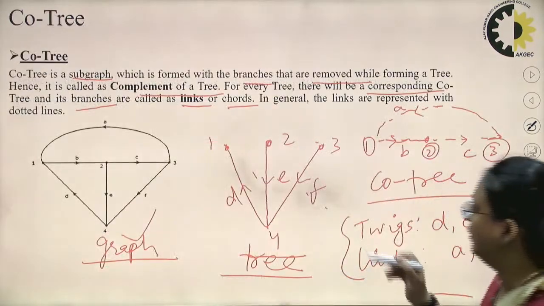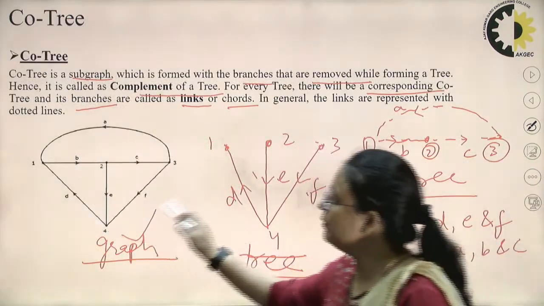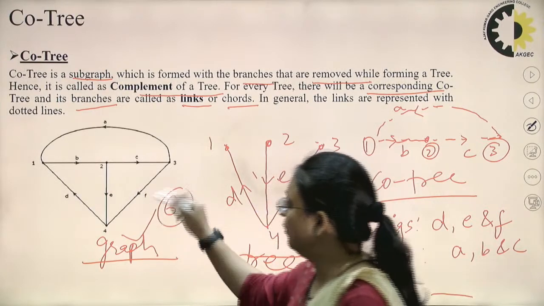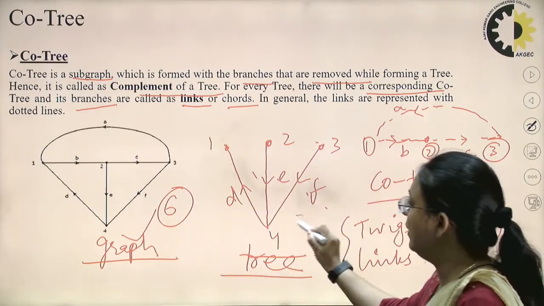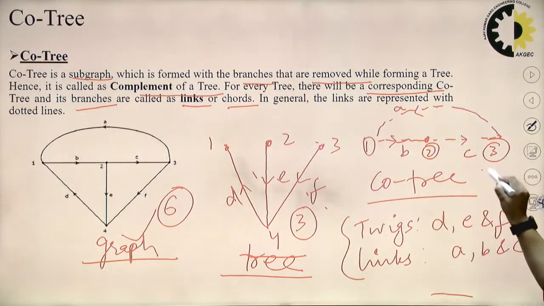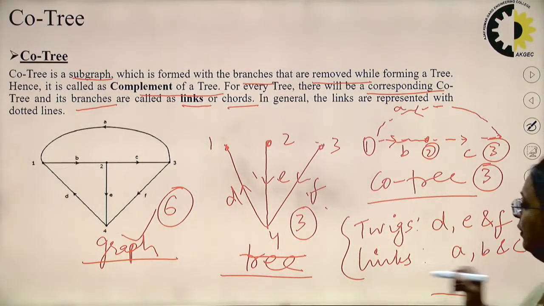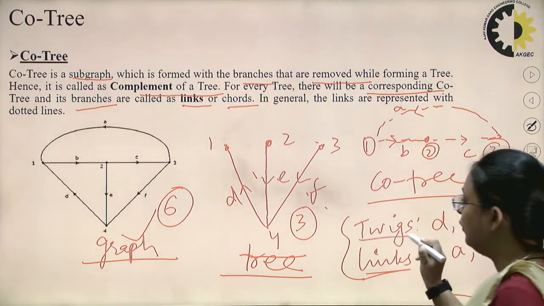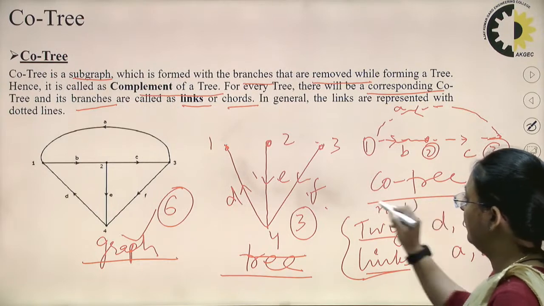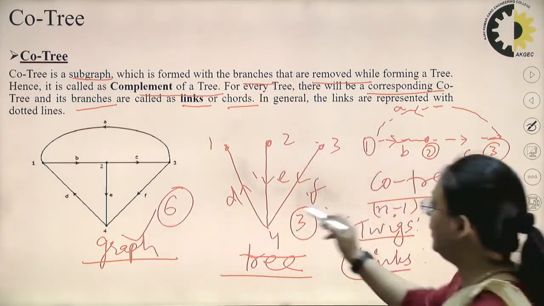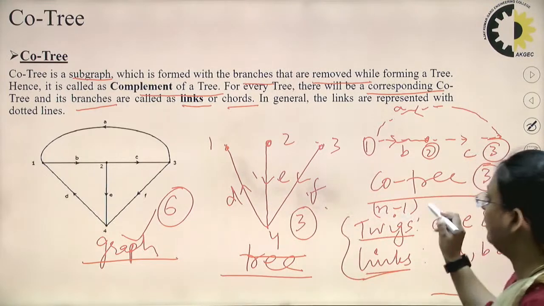You can see here total number of branches इसमें कितनी है, A, B, C, D, E, F, total 6 branches हैं, okay, and 3 branches हमारी किसकी हो गई, tree की हो गई. So left out branches 1, 2, 3 branches बची co-tree की. So co-tree किससे represent कर रहे हैं, by the link. So formula for the twig will be N minus 1, right. कितनी nodes थी, there are 4 nodes, और twig यहाँ पे देख सकते हैं आप 1, 2, 3 twigs हैं.